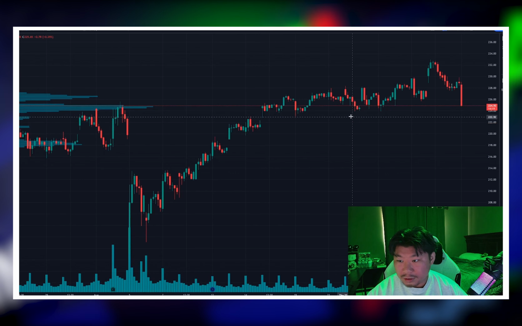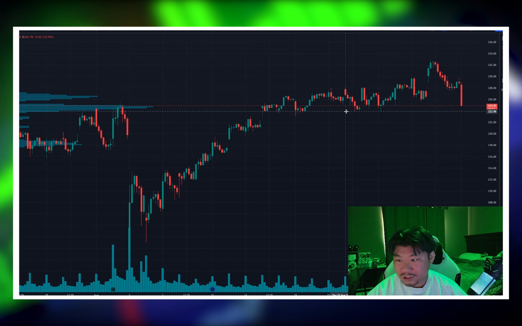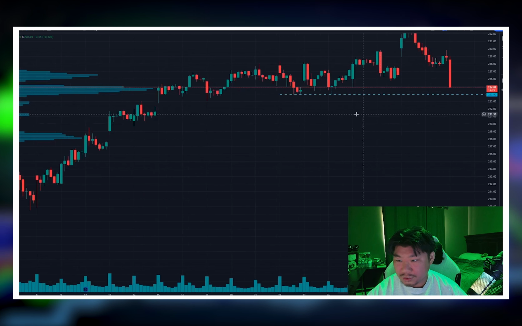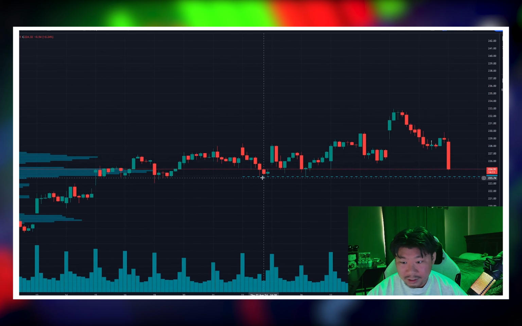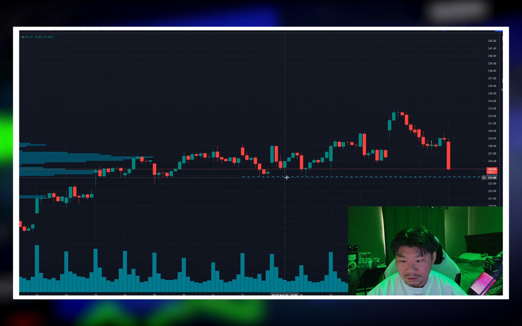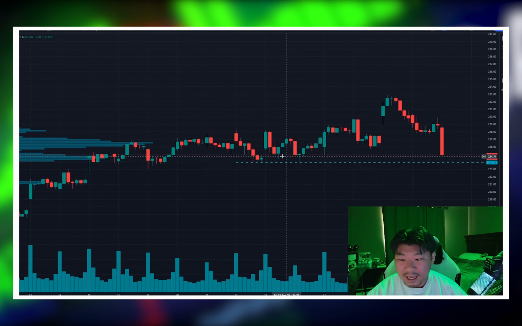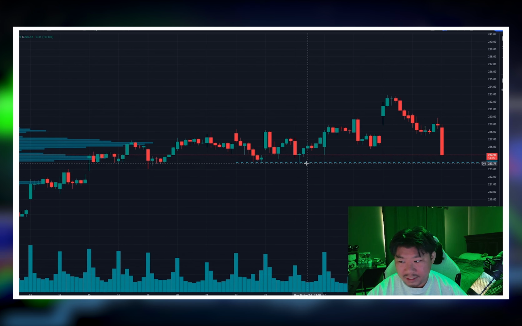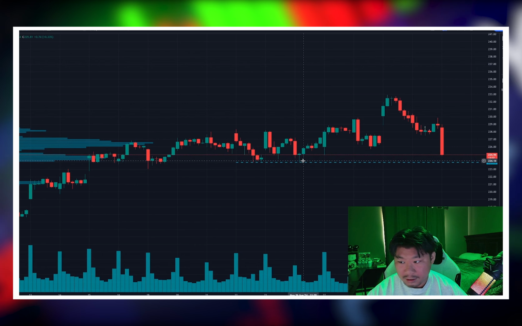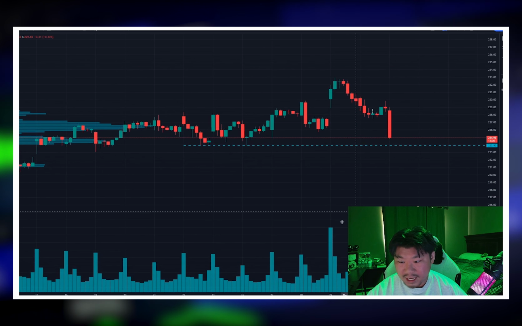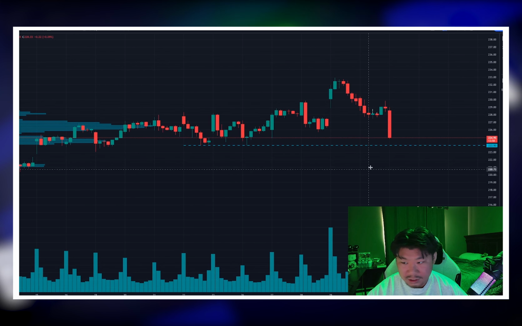So if we are looking at Apple to the downside, let's just say we have this level here at 223.90. What is it showing us? There's wicks, bouncing, wicks, bouncing, wicks, bouncing, right? It's unable to accept this area of price at 223.90. But if this candle, let me just draw it out so it's easier to visualize.